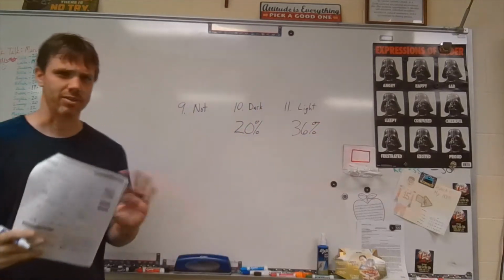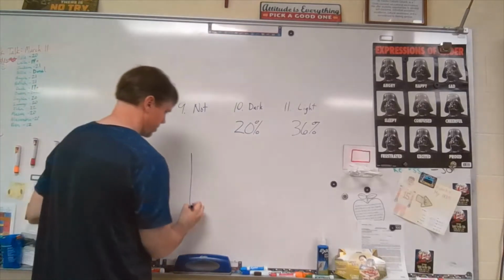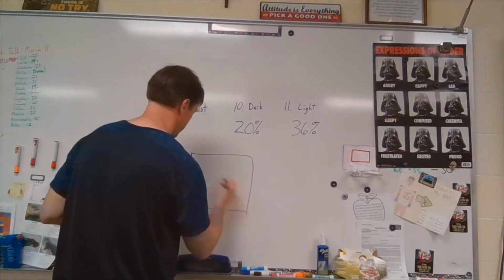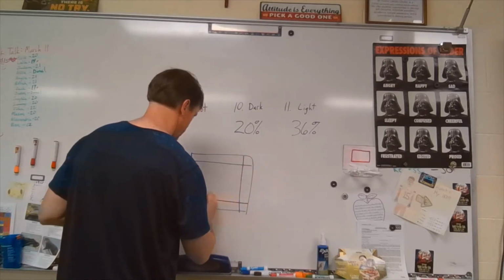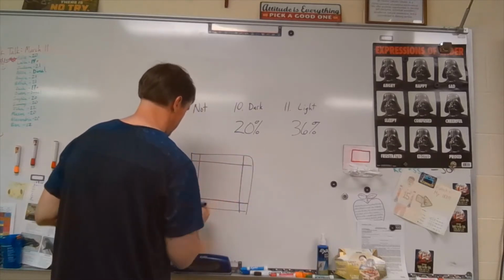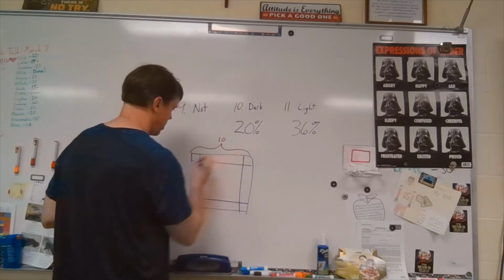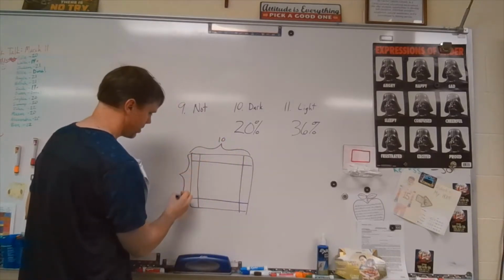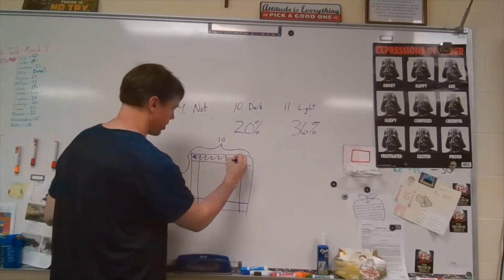Not quite sure if hopefully that made sense. Really what it is, it's like this. All right, so if we say that this is 10, we can't do that because we've already used this, right? We've already counted this part.